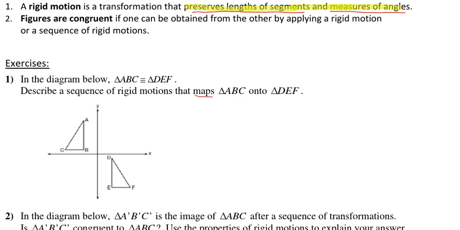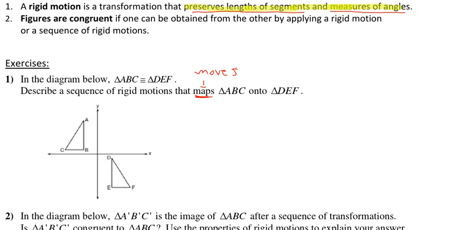Mapping means moving from one place to another. So it means moves. That's what it means. You will see this word a lot, especially on regions questions, but that's what it means. So describe the sequence of rigid motions that moves triangle ABC to triangle DEF.